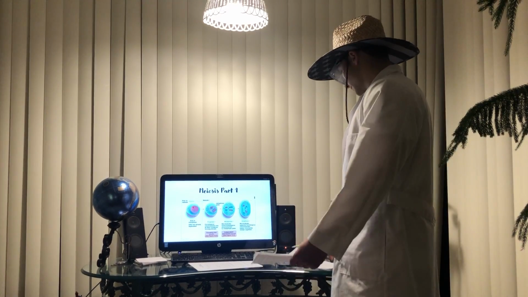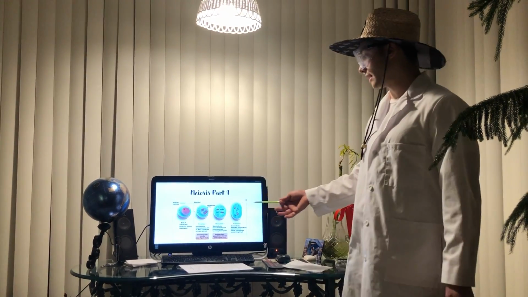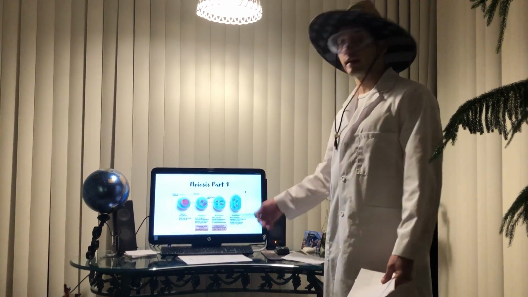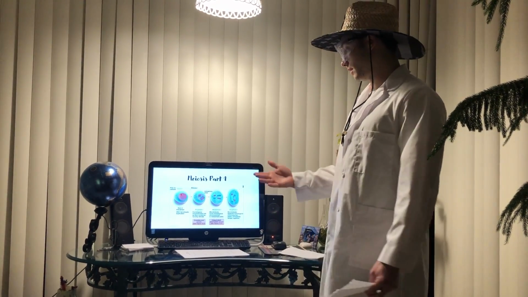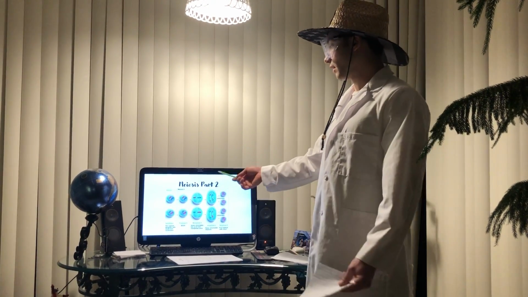Just like in mitosis, we have our prophase where they get ready, metaphase where they all line up and attach to the centromeres, and then in anaphase they begin to be separated over here, which leads us into the second part.